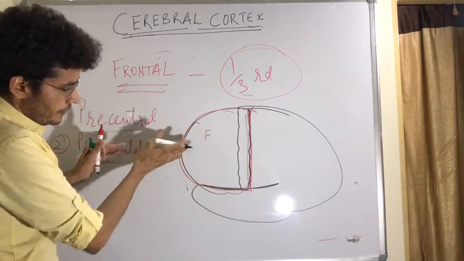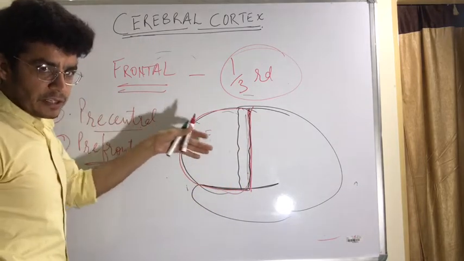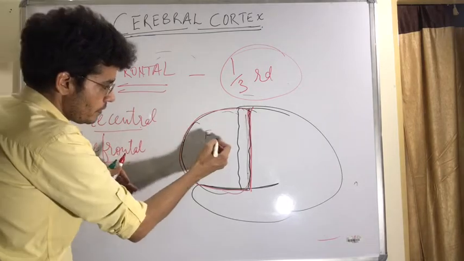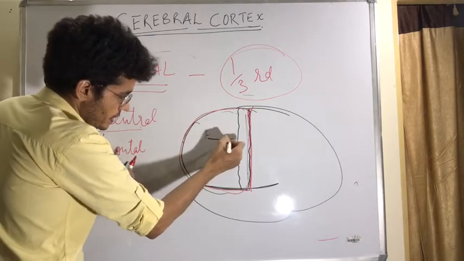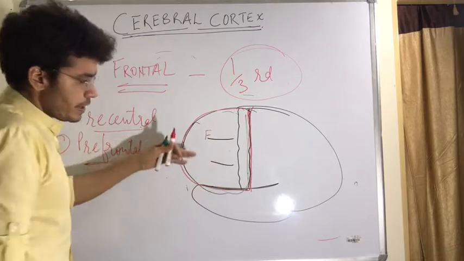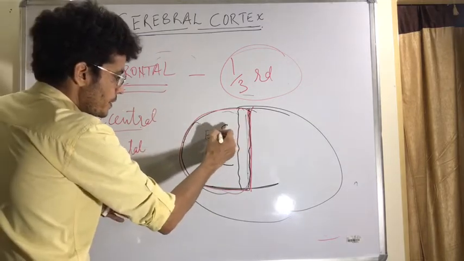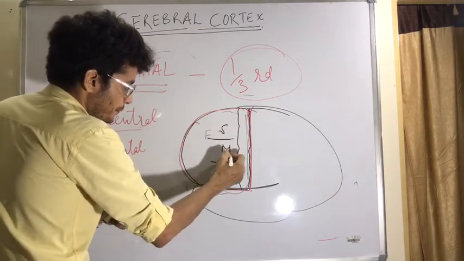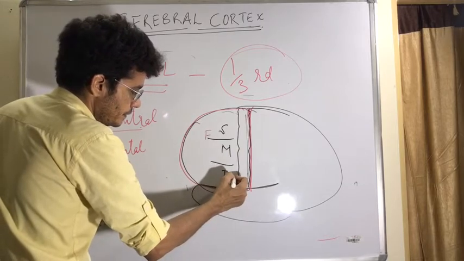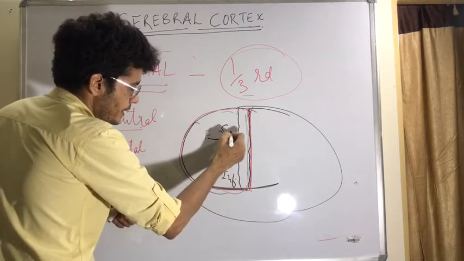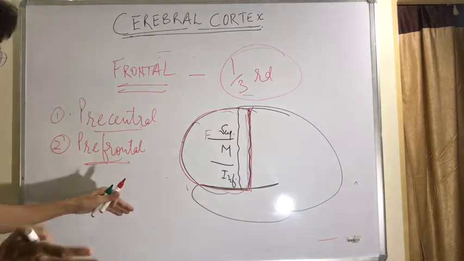And if we look at a few of the minor sulci and gyri in the frontal lobe, they horizontally divide the frontal lobe into superior, middle and inferior frontal gyrus.